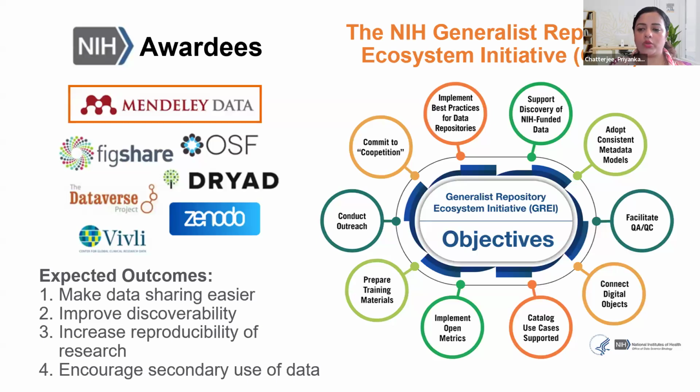So this is the NIH GREI initiative. It talks about conducting outreach and implementation of open metrics. They started the initiative and provided the funding to make research data freely available for researchers to use, along with research data management policies.